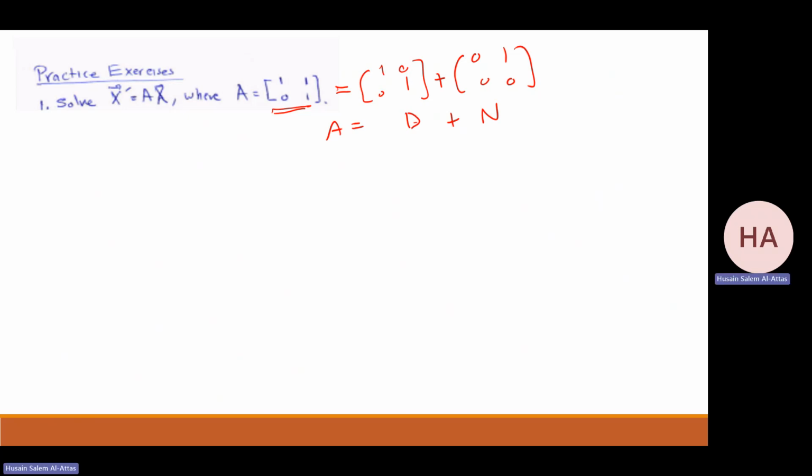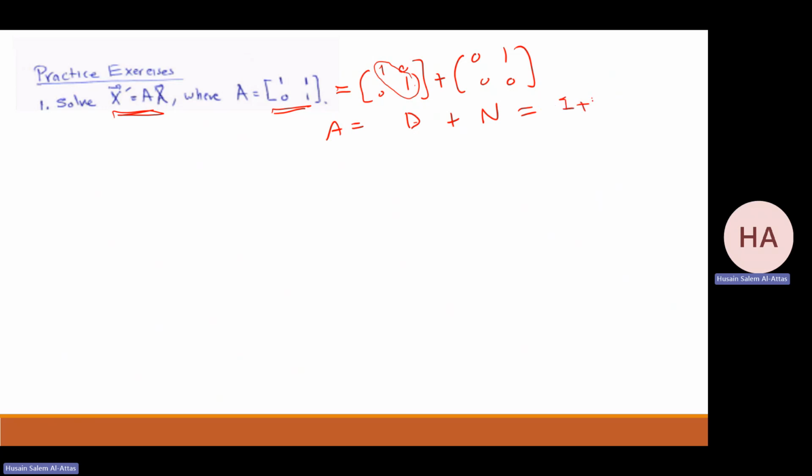Solving the system through the exponential matrix would be easier. Since I have the same diagonal, I can write it as aI, where a is 1.